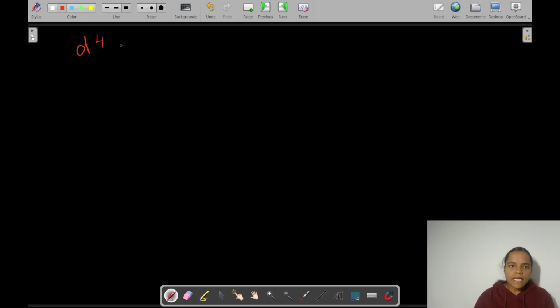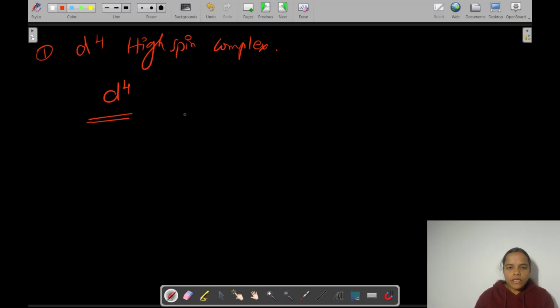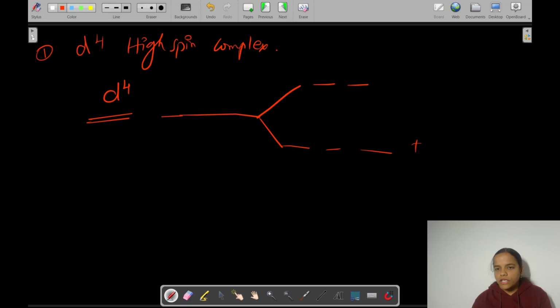We now calculate an example of a d4 high spin complex. So the d4 electronic configuration splits into two kinds of energy levels, T2g and Eg.